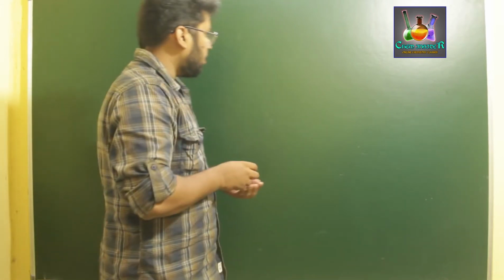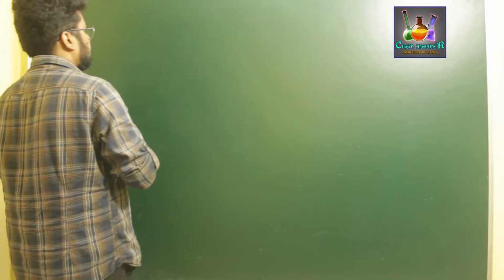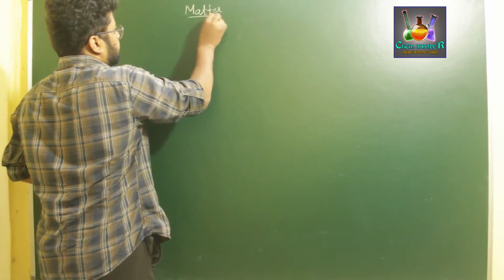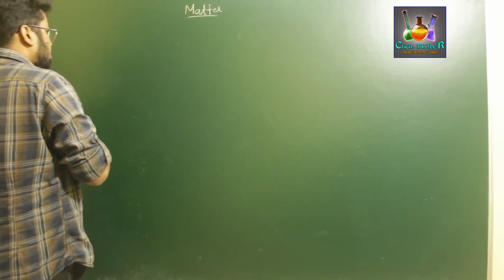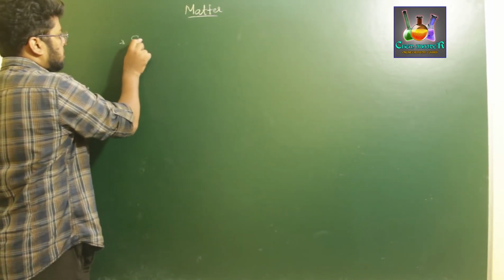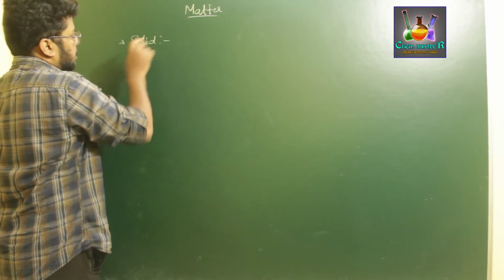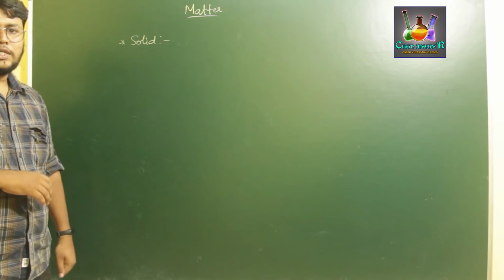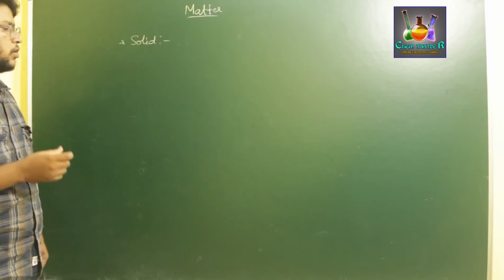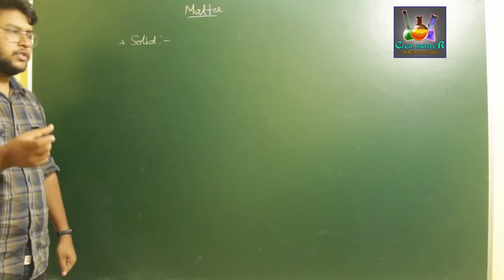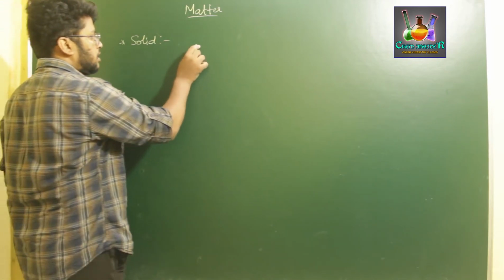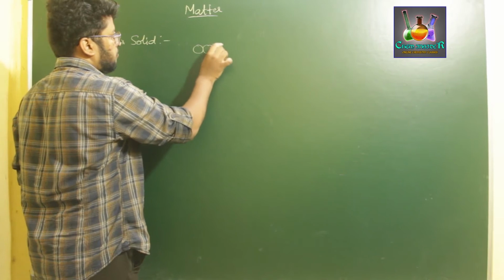If we have to discuss the three states of matter, we have solid, which has interparticular force of attraction at its highest value. That is, the particles present in solids are attracted with a huge force of attraction, and hence they are closely packed, like this.